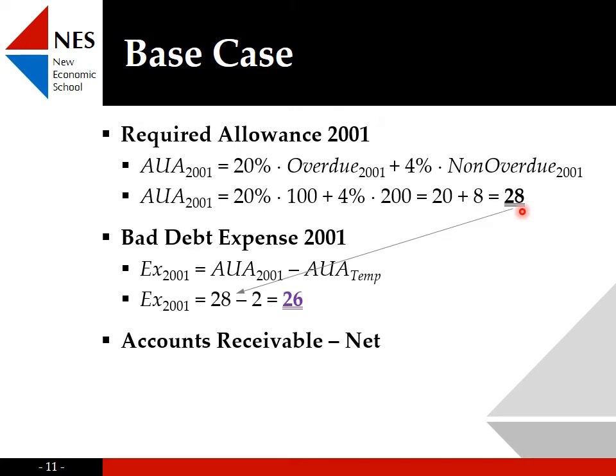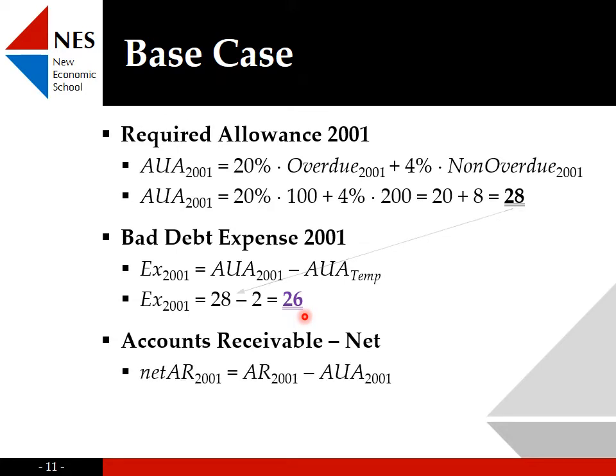Remember that we have concluded that starting from 22 and writing off receivables worth 20, we end up with the temporary level of allowance at 2. So if we have 2 and we want to reach 28, we need incremental bad debt expense of 26.